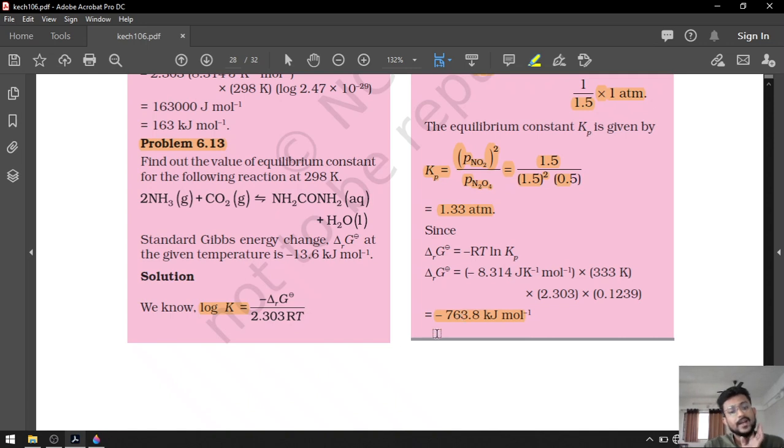It is 789, not 763. And another mistake is there, it is not kilojoule. Values will be in joule, not in kilojoule. Okay, understood?